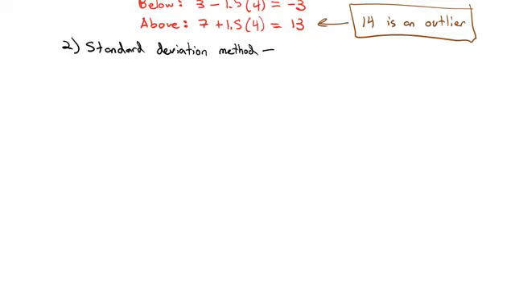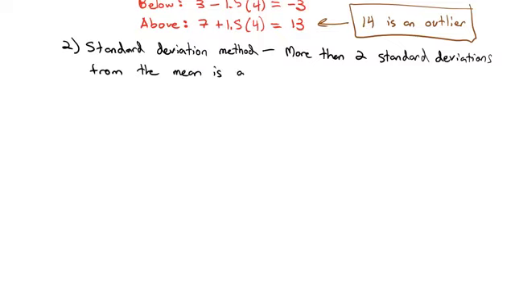The standard deviation method says that anything that is more than 2 standard deviations from the mean is an outlier. Which brings us back to that example that led into this discussion.